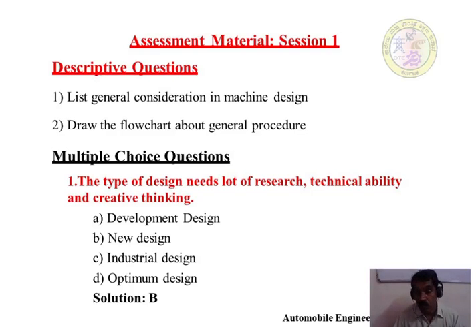What are the factors to be considered while designing? And the last topic is the general procedure. What is the procedure of machine design? What do we have to do? What steps are to be followed while manufacturing a component, or any element or machine? These are all covered in this session number 2.